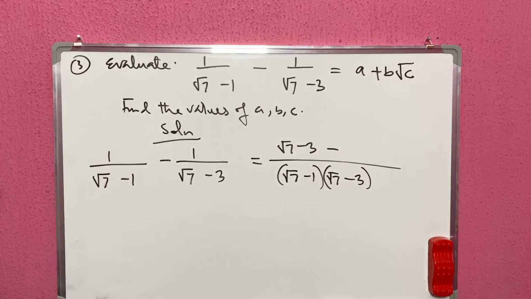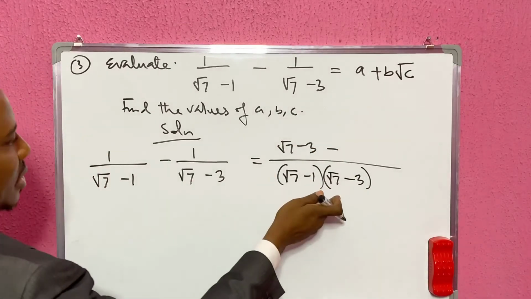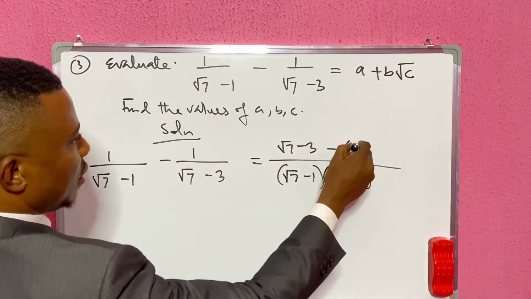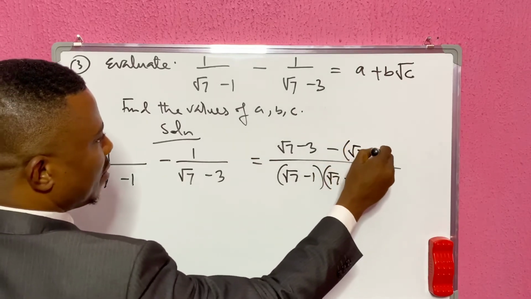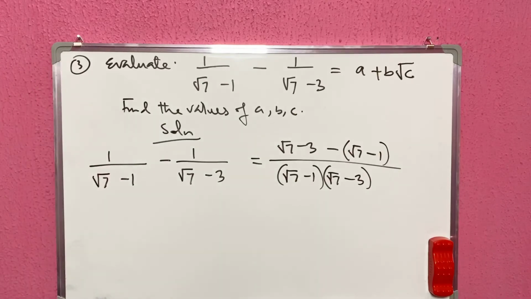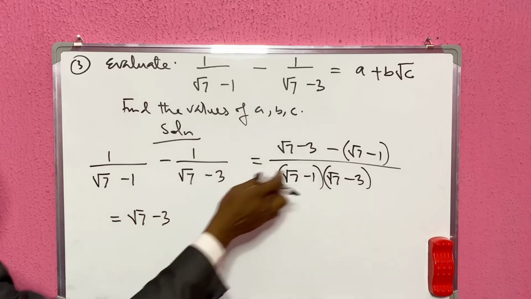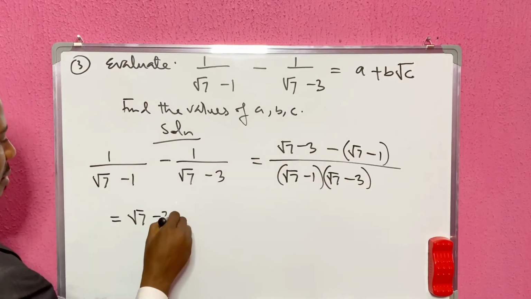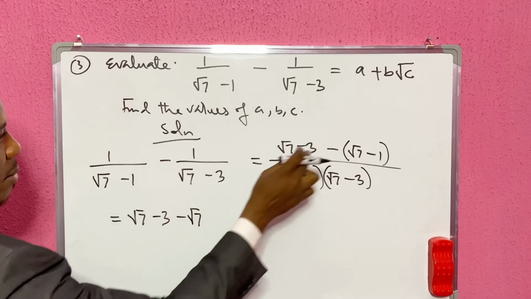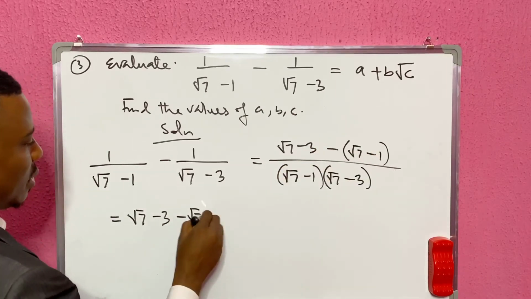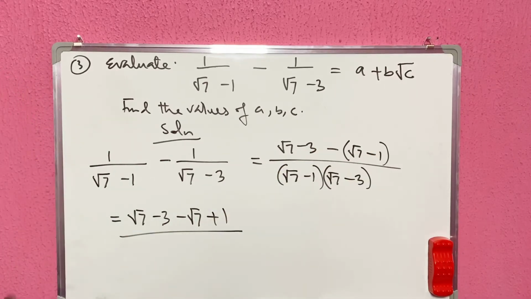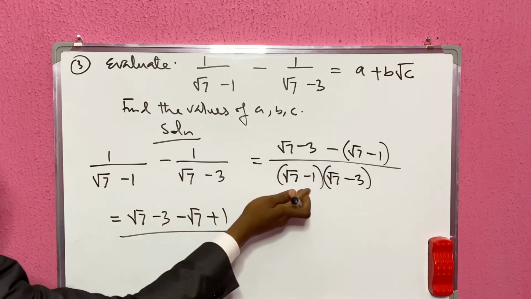Minus this by this, you have root 7 minus 1. This will give us root 7 minus 3, minus times this, minus root 7, minus times minus 1, plus 1, all over. Open the bracket.